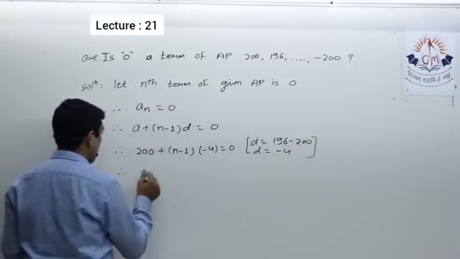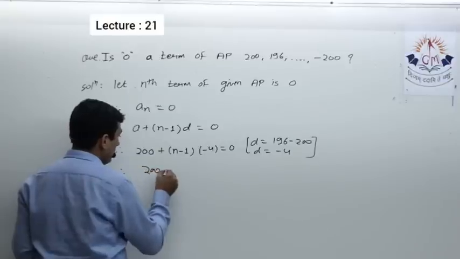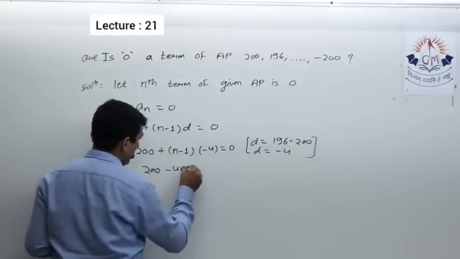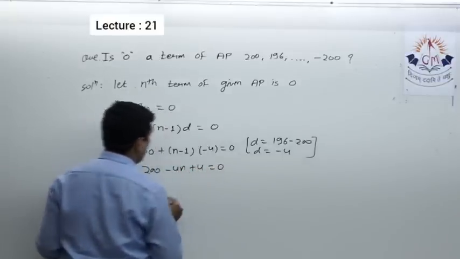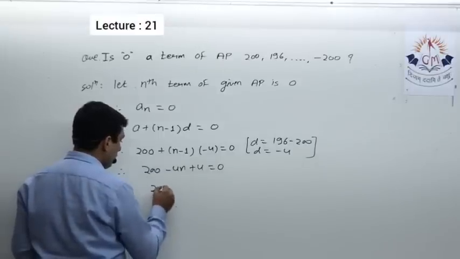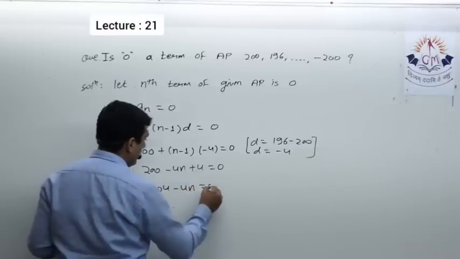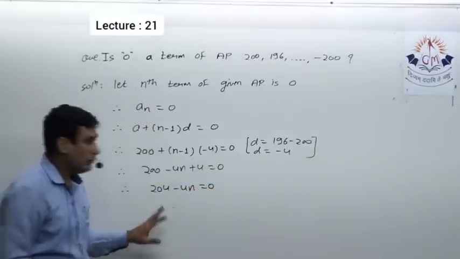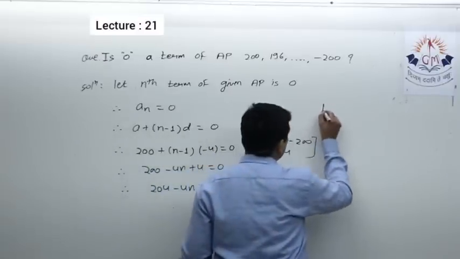Now on simplification, we have 200, then minus 4n plus 4 is equal to 0. So here you will get 204 minus 4n is equal to 0. So let us see what is the value of n.